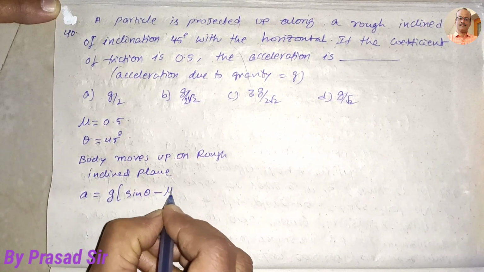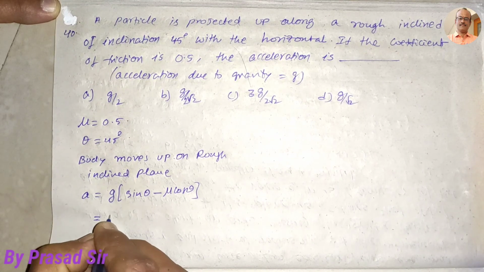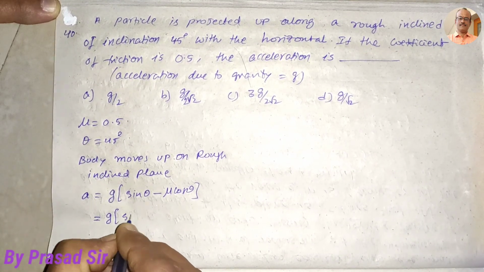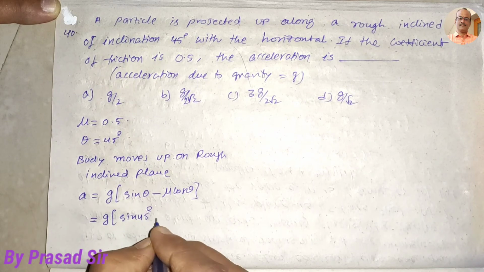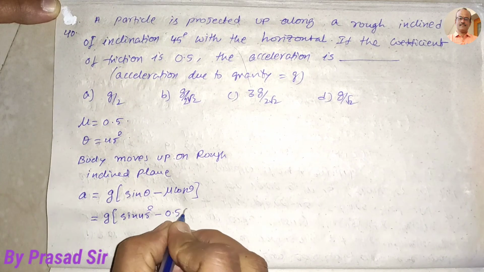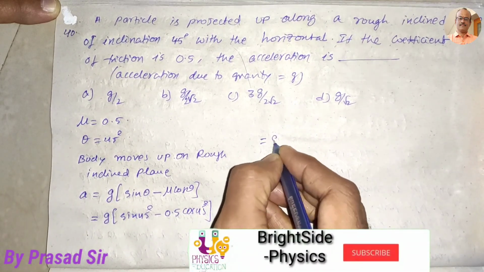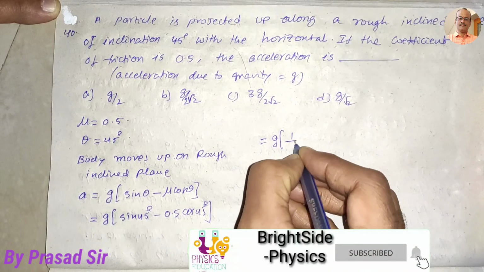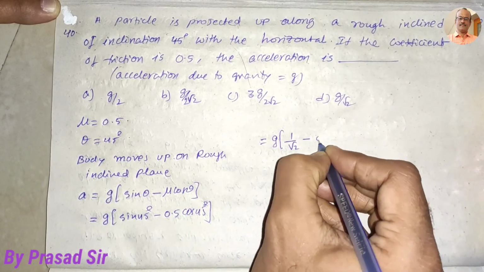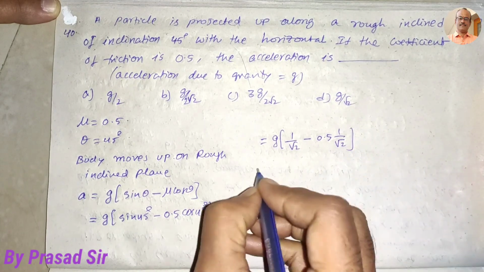When the body moves up a rough inclined plane, then acceleration is equal to g common, sin theta minus mu cos theta. So g times sin 45 degrees minus 0.5 cos 45 degrees is equal to g times 1 by root 2 minus 0.5 into 1 by root 2.